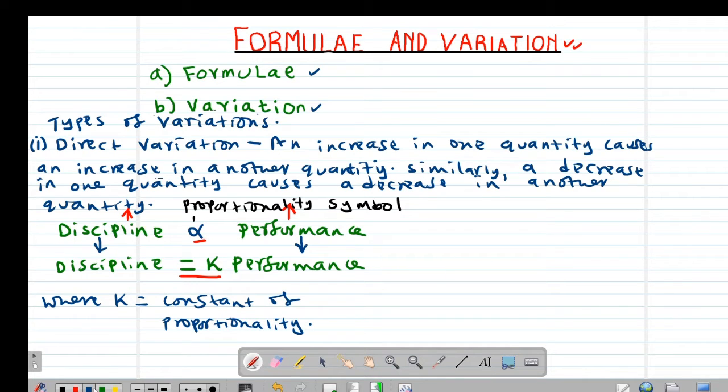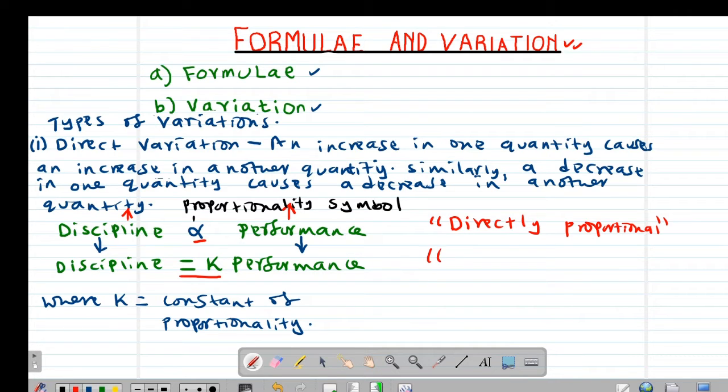Then how can you identify direct variation in a given question? These are the key terms that, should you see them in a question, mean you are dealing with direct variation. If you see terms such as directly proportional, it simply means that you are dealing with direct variation.